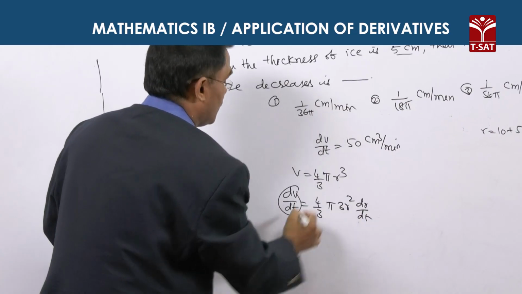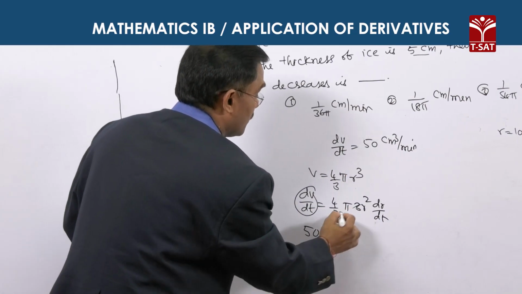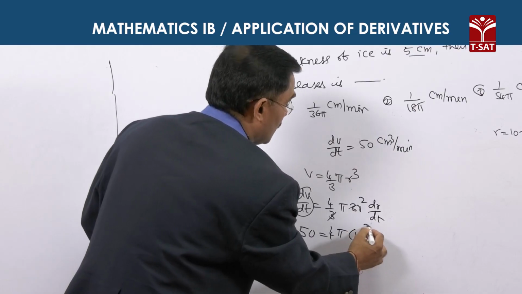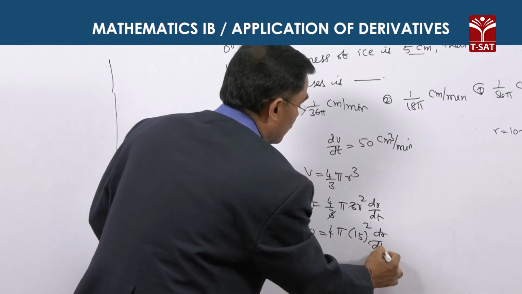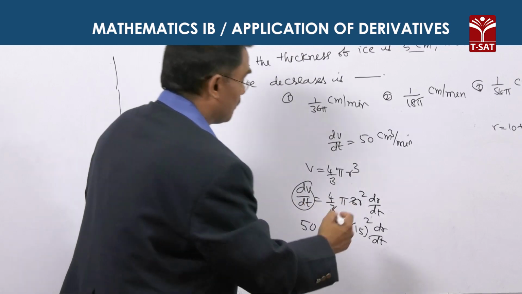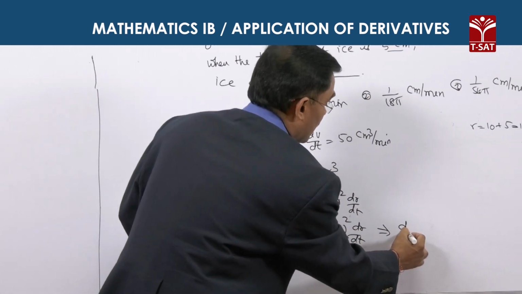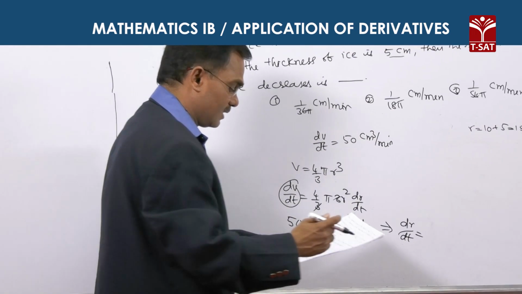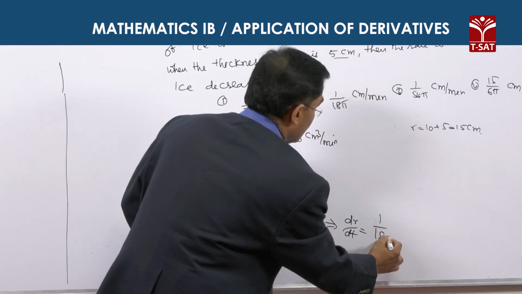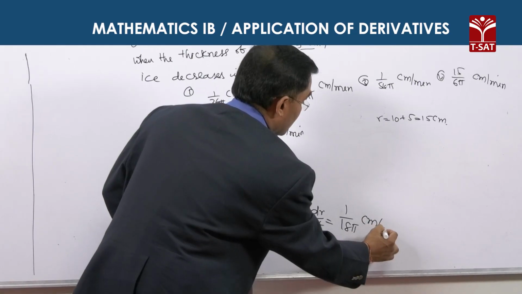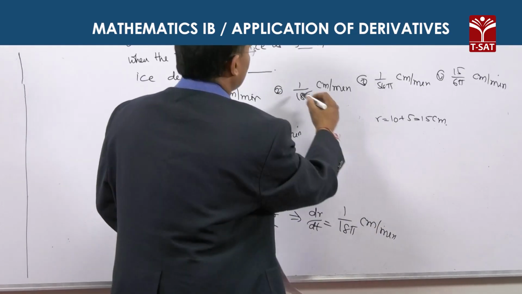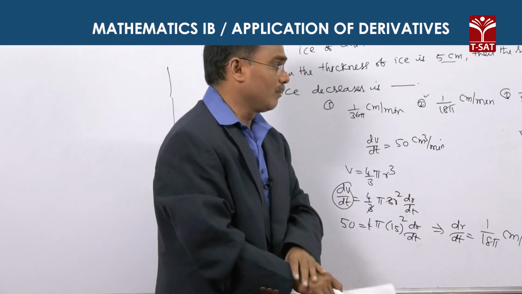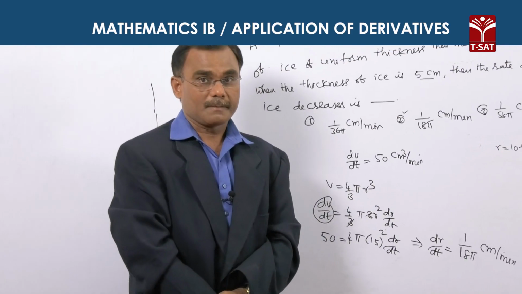So dV/dt is already given, 50, and the value of r is 15, so 4 pi into 15 whole square into dr/dt. Simplifying, you get dr/dt, the rate of change in radius, is 1 by 18 pi centimeters per minute. So therefore the rate at which the thickness is decreasing is 1/18 pi centimeters per minute. Right.